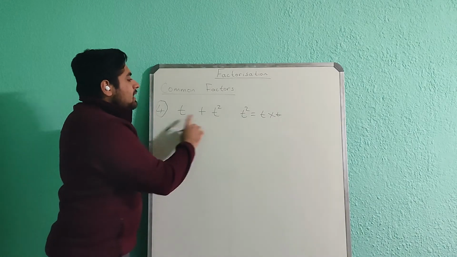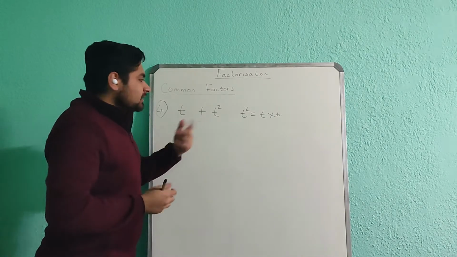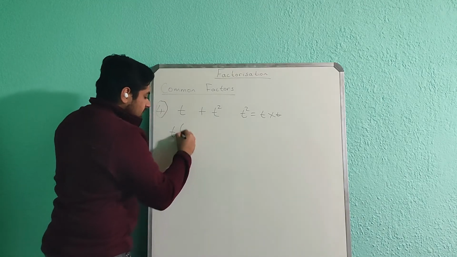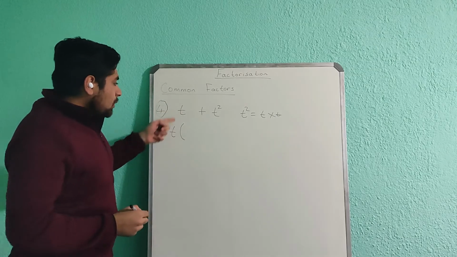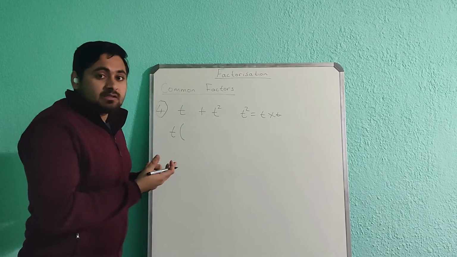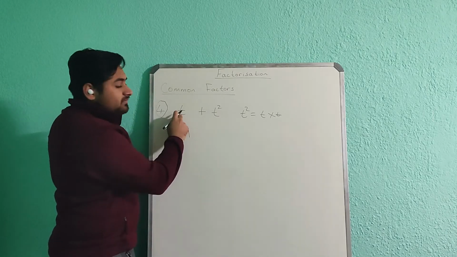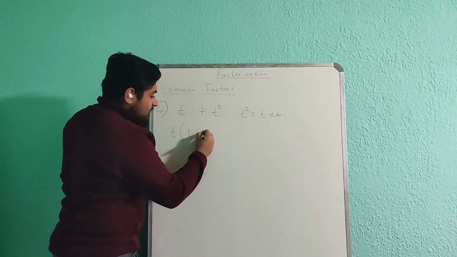So we can see, by just looking at it, obviously t is our common factor, right? So t, we pull it out. Since we have t here, what do we need? We need a t, so it means we multiply it by 1. So you multiply by 1 because t times 1 will give us t. Then what is the sign? Plus.